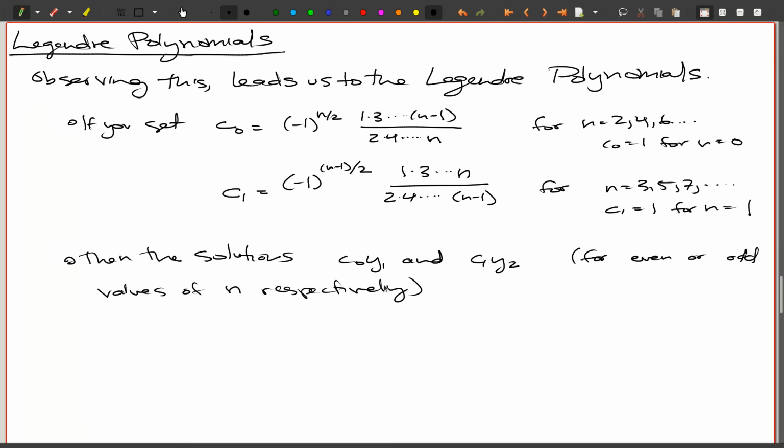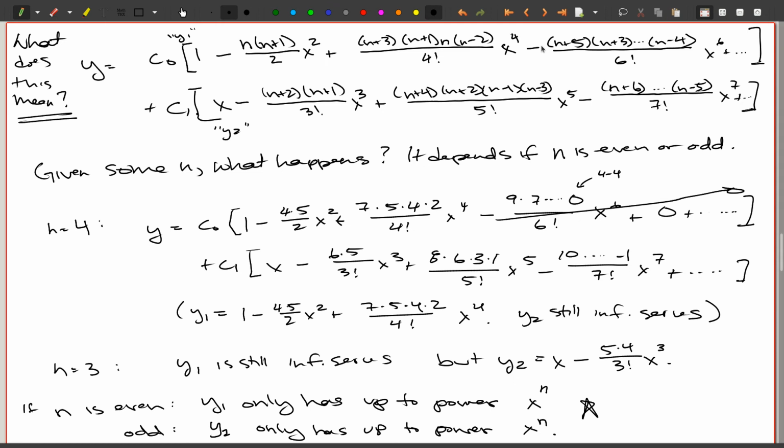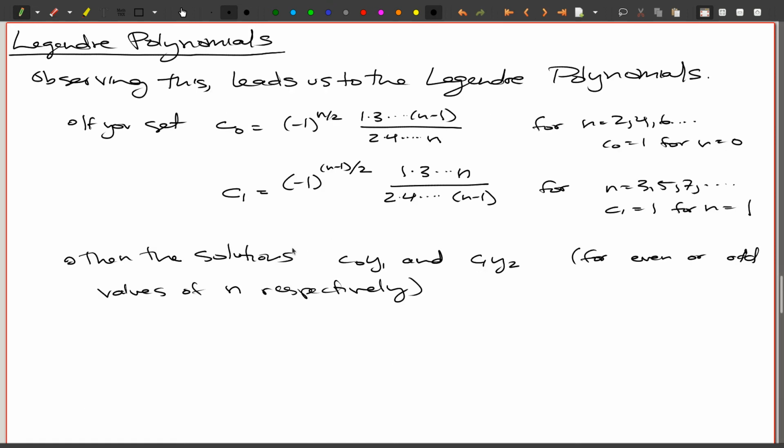Just to be clear, when I say C0, Y1, I'm talking about the Y1 that we got for an even number, and here's our Y2 that we get for an odd number. So we think about Y1 for even numbers, Y2 for odd numbers. Those give us the Legendre polynomials.